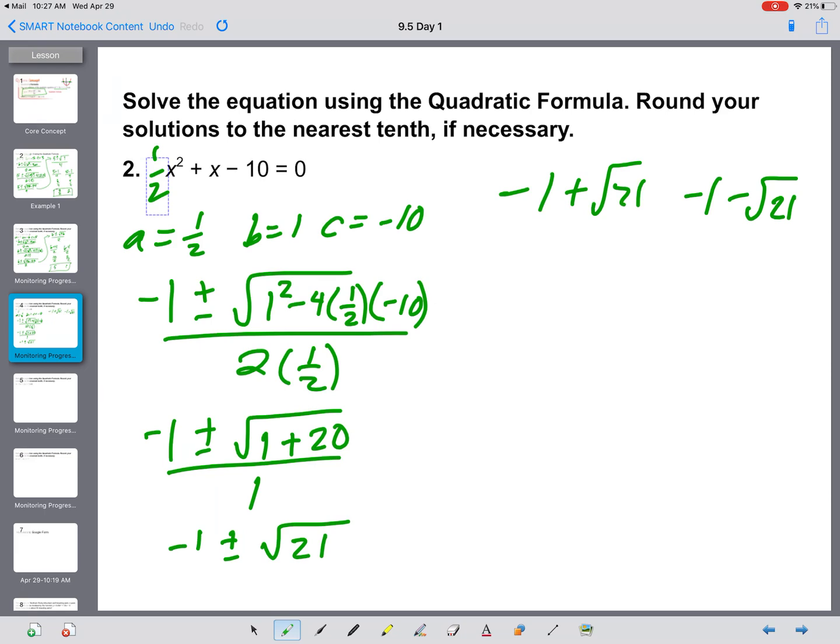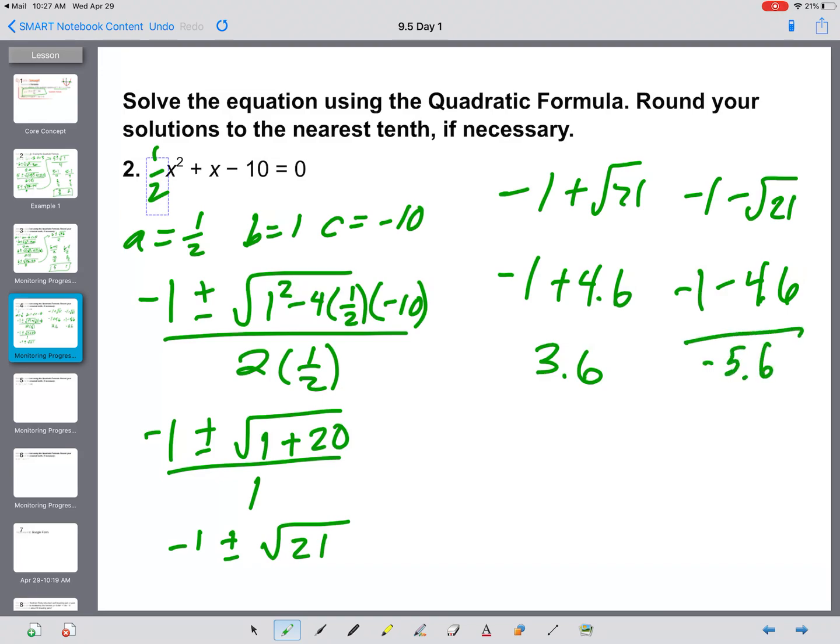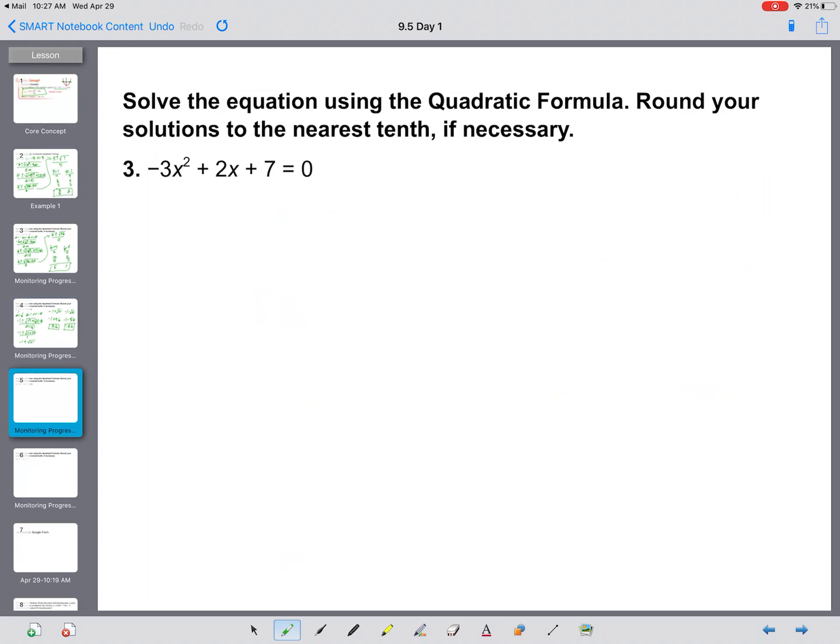I get 4.6. So now I can just simplify. Negative 1 plus 4.6, 3.6. Negative 1 minus 4.6 is negative 5.6. Good, just a couple more.